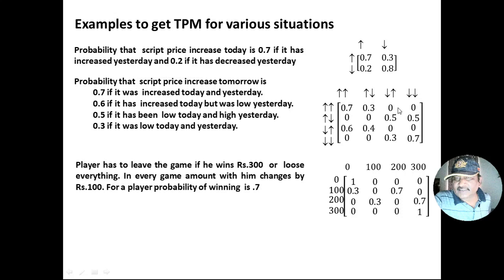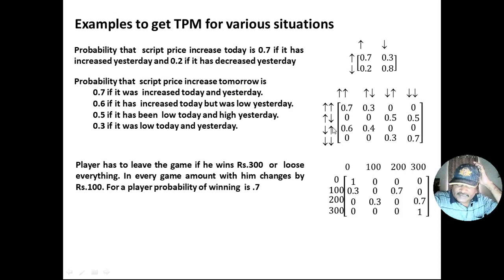Here I am writing 0 because it is talking about a decrease in the share price today, the low arrow, whereas we are not referring to a decrease in the share price today. So here the probabilities are going to be 0.